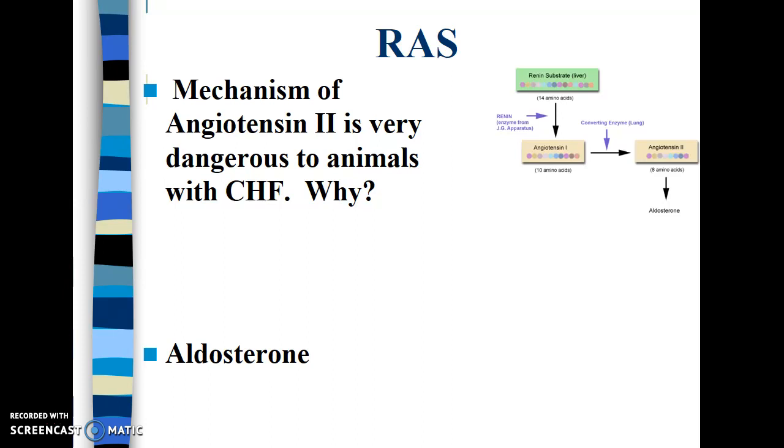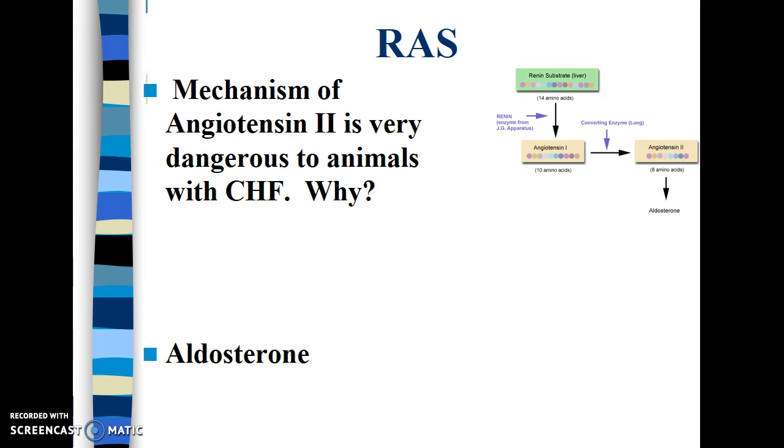It's harder to push it through, which increases the blood pressure, but that also makes more work on the heart. So for a short amount of time, that's compensating the low blood pressure, but with congestive heart failure in general, that's dangerous long term to an animal because it's forcing the heart to push against greater pressure.